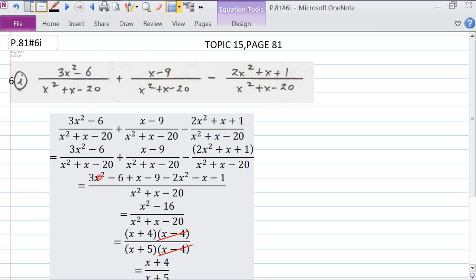So let's go over that. 3x squared minus 2x squared gives me the x squared. The plus x and the minus x sums to 0. Minus 6 minus 9 minus 1 gives me minus 16. And you could put a little tick mark above these when you've got this many terms and you handle it first. Let's say put a tick mark: 3x squared minus 2x squared and you get x squared.